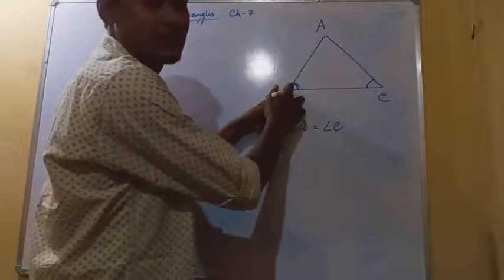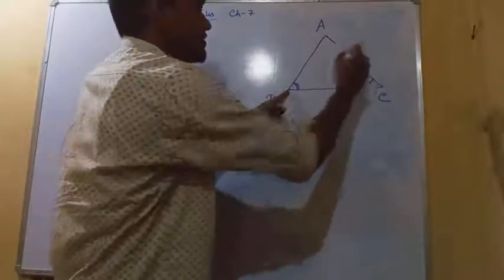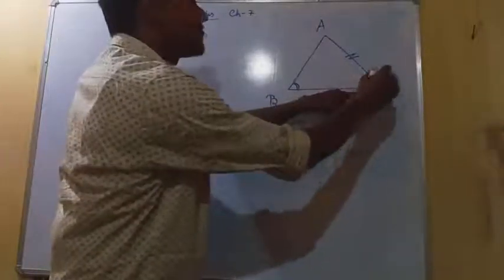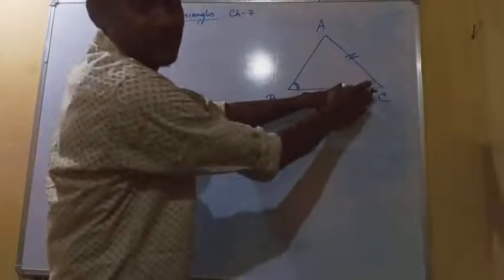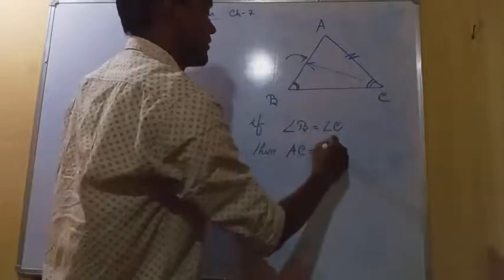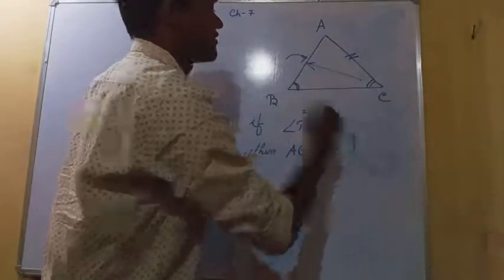Look at the front side, this is the side AC. And the side opposite to angle C is this one, that is AB. I hope this is clear.